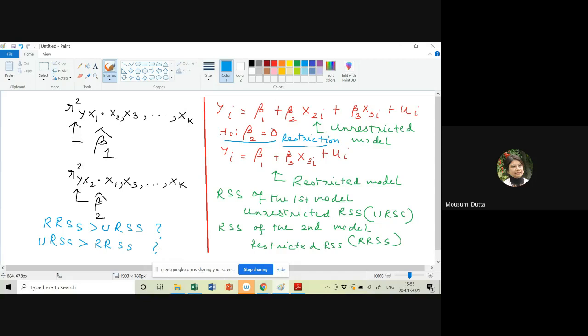Restricted RSS is greater than unrestricted RSS, or unrestricted RSS is greater than restricted RSS? Or there may be both the things. RRSS may be greater than URSS, or sometimes URSS may be greater than RRSS. What is your idea? Look at the models and tell me. Anyone?